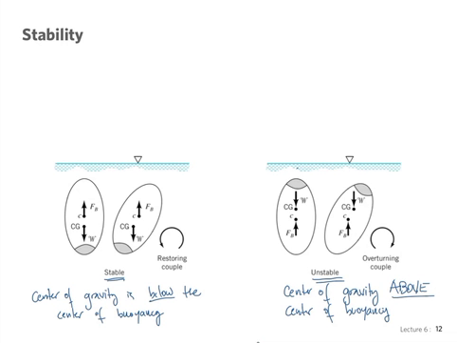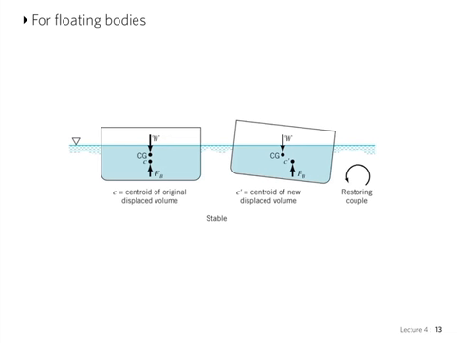Does it make sense in terms of your basic idea of stability? Now this is for an object that is completely submerged, but things can get a little more complicated for things like ships that are partially submerged, because for an object that's floating, as the body rotates, the location of the center of buoyancy may change, because the center of buoyancy is related to the center of volume of the displaced volume.